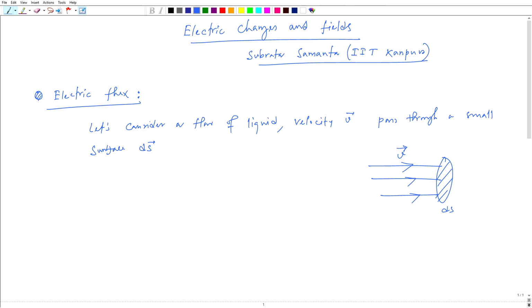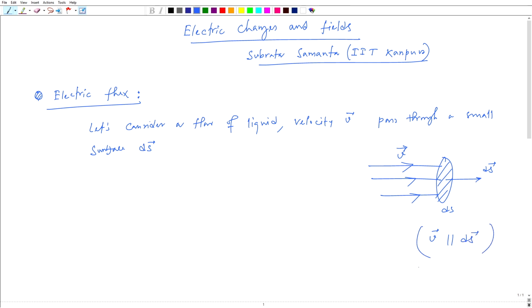The area vector is always normal to the surface. In this case the velocity of the fluid is parallel to the normal to the surface, so v vector is parallel to ds vector.